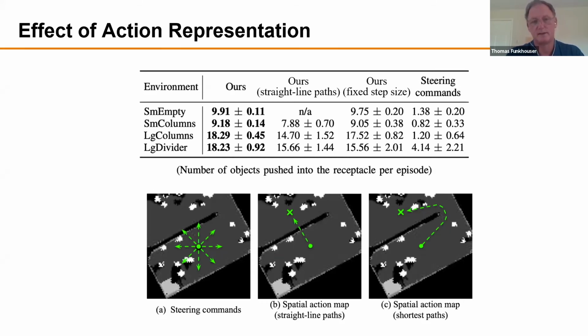They're not as good as the full system with both of those things enabled, but they're still significantly better than steering commands. And again, it's because recognizing where is a useful place to go is already just very easy with this kind of representation for the actions.